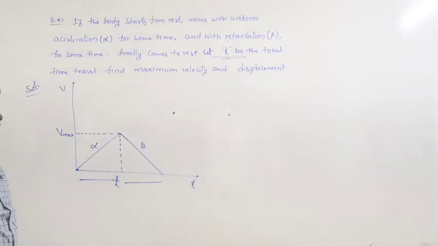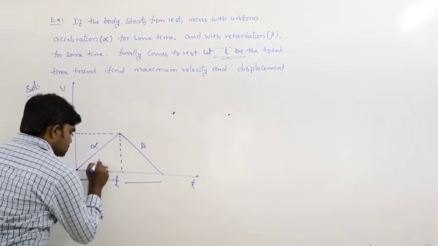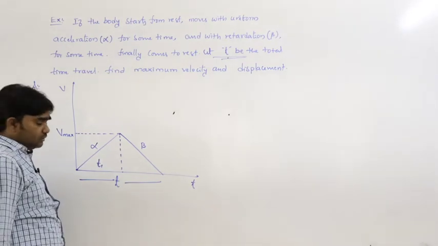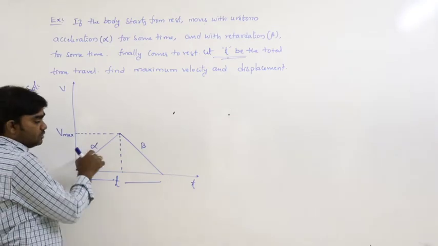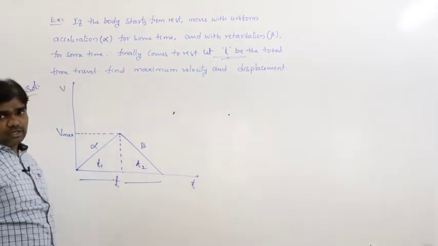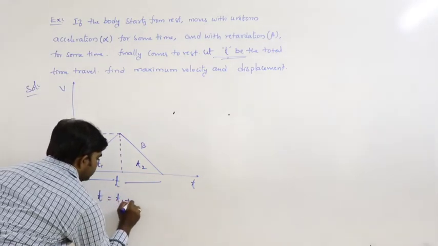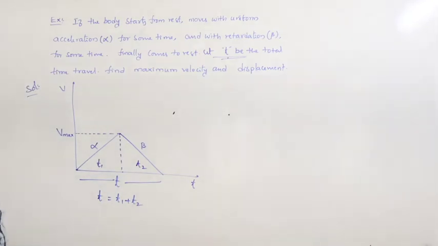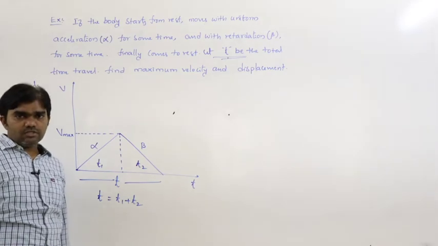Let T1 be the time taken to travel with uniform acceleration alpha, and T2 be the time taken to travel with uniform retardation. So that means T is equal to T1 plus T2.